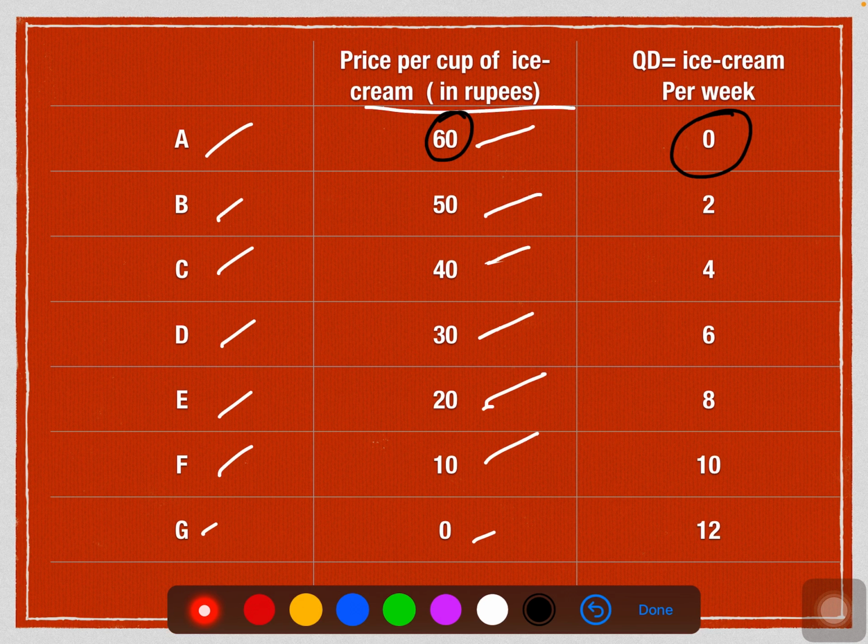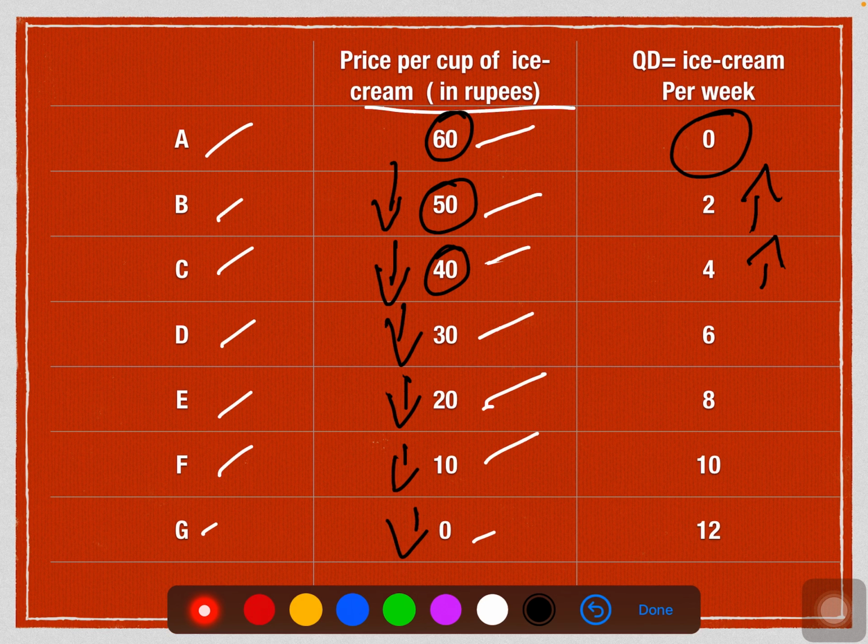In the other case, when the price decreases, can you see from 60 to 50, the price got decreased. So instead of demanding nothing, I started demanding 2 ice creams. That means my demand increased from 0 to 2. Again, when the price decreased further to 40, demand increased from 2 to 4, because I found 40 cheaper than 50. Then 30, 20, 10 and 0.